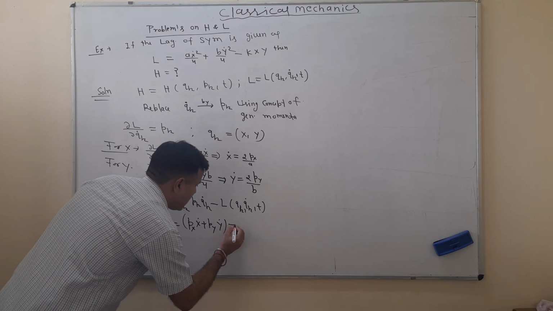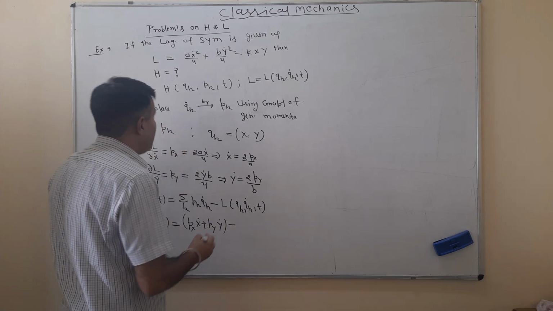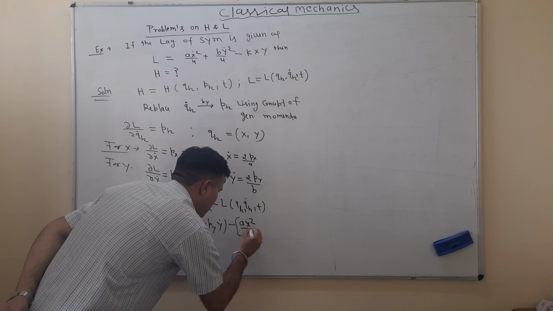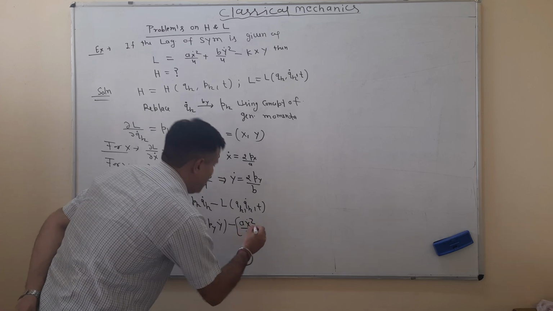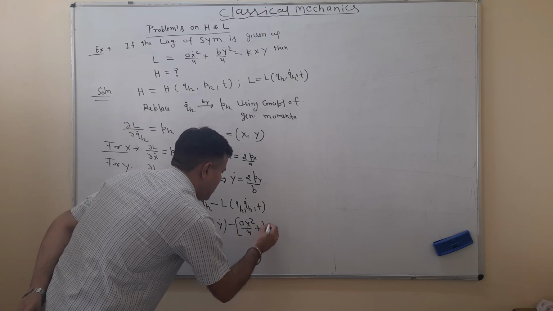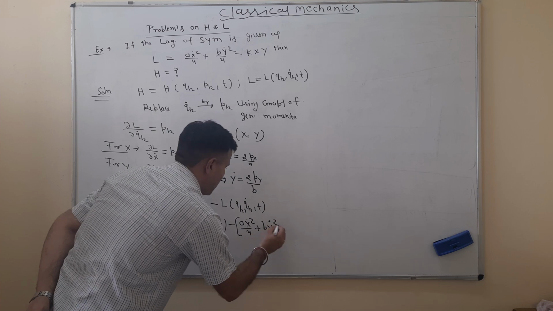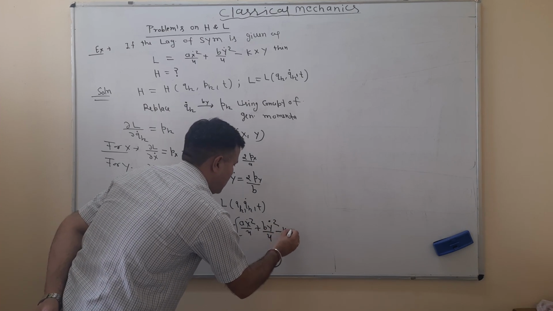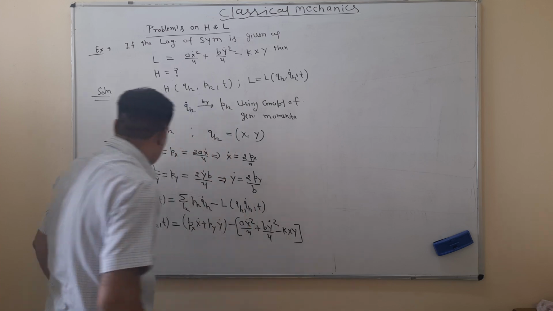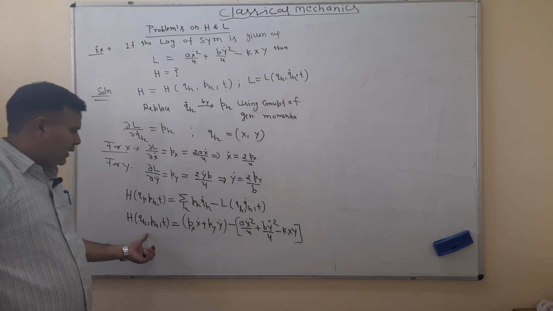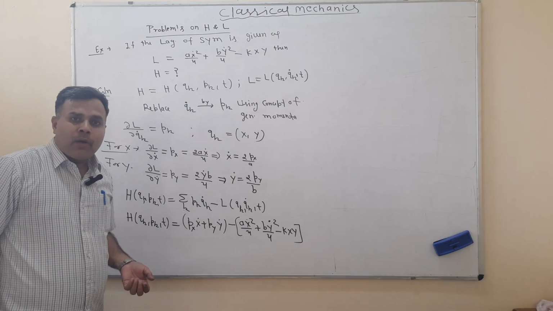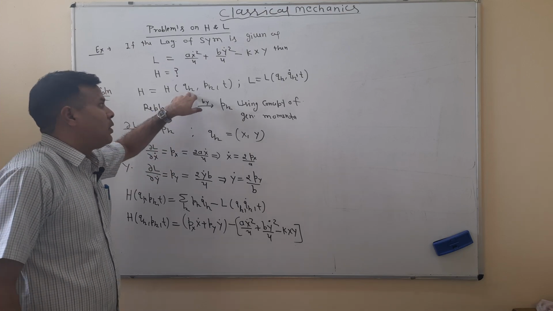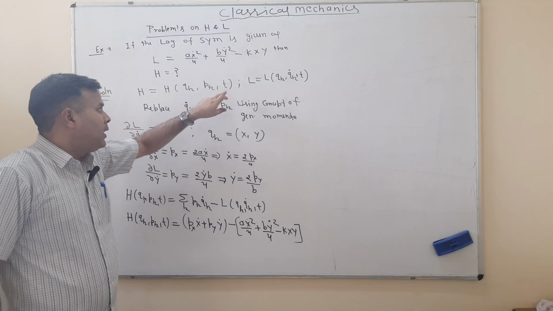And what is our L? L is simply a x dot square by 4 plus b y dot square by 4 minus k of xy. So this is the expression of H. But mind it, our H should only be a function of generalized coordinate, generalized momenta and time.